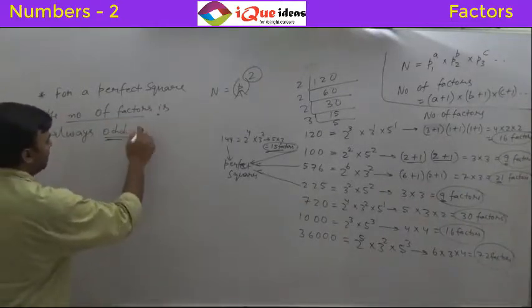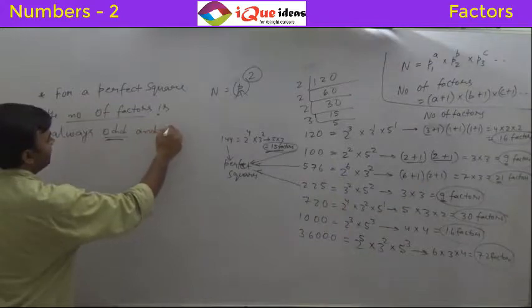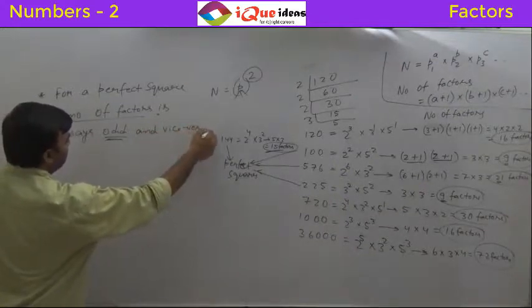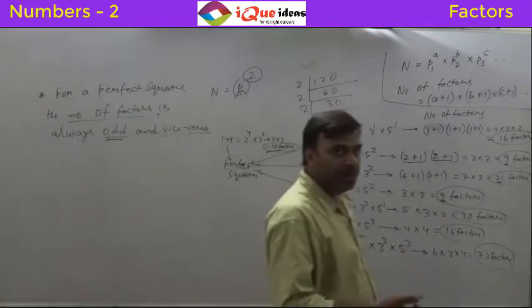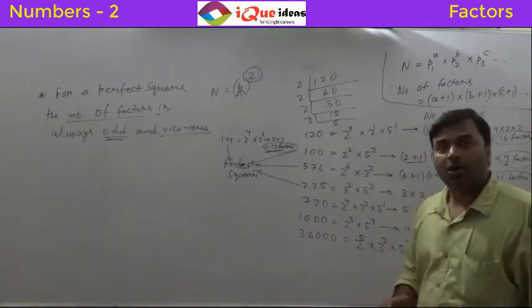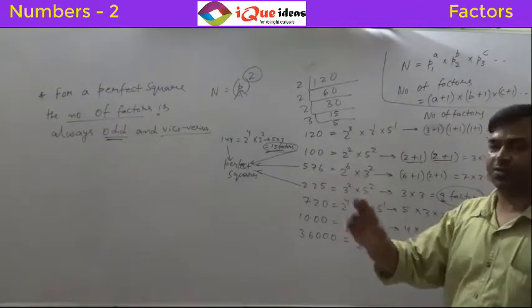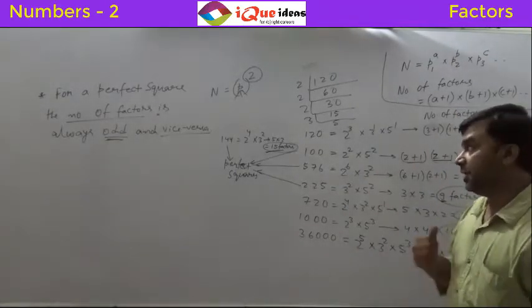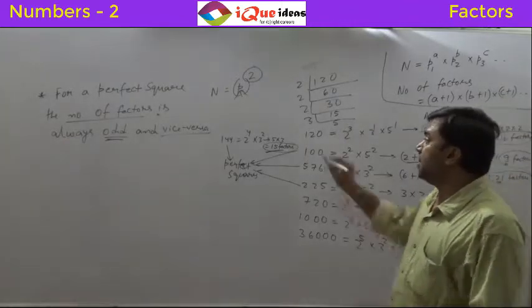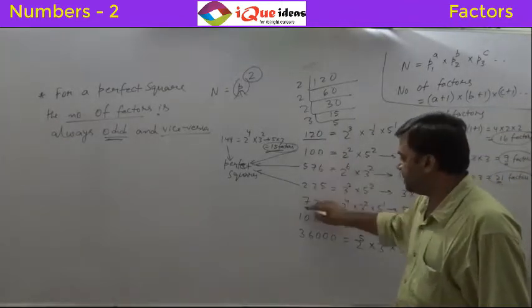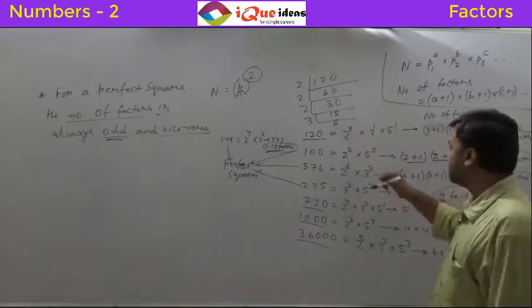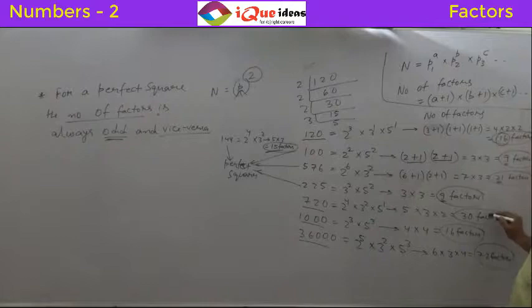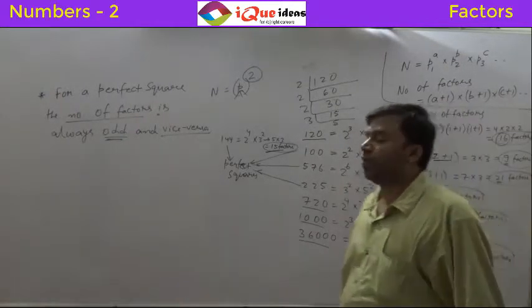Alright? Now there is one thing that I need to mention, vice versa. What does it mean? If there is a number which is a perfect square, the number of factors will be odd. Similarly, if a number has an odd number of factors, it has to be a perfect square. That is one way to look at it. The other way is, if there is a number which is not a perfect square, like say 120, 720, 1000, 36,000, these are not perfect squares, then the number of factors will always be even, as we can see, 16, 72, and so on.